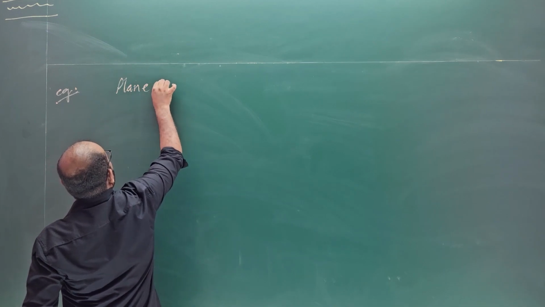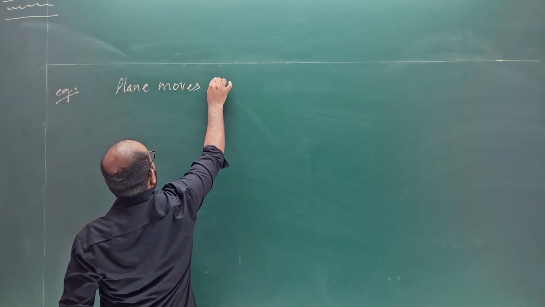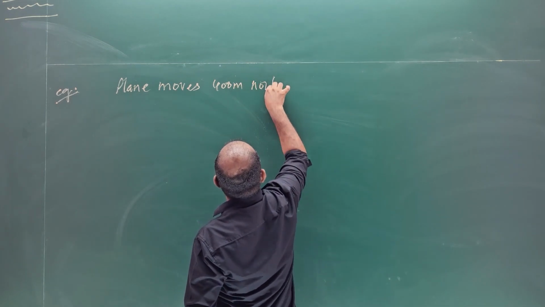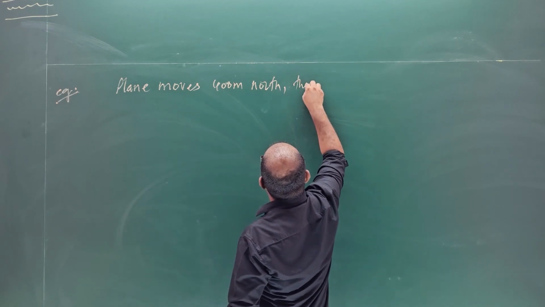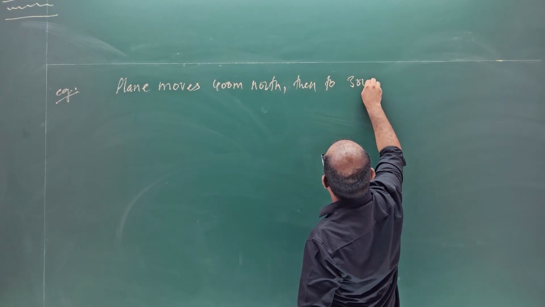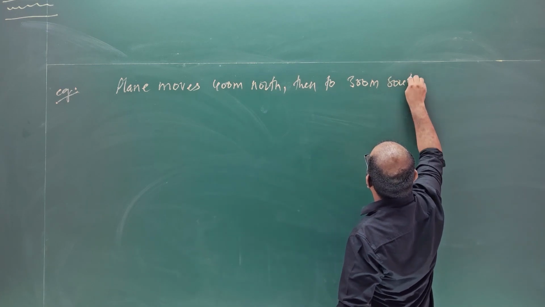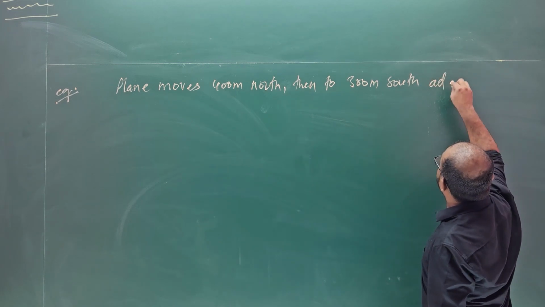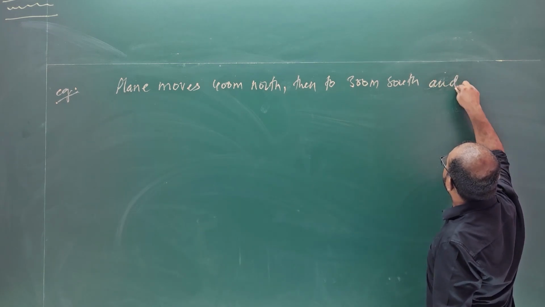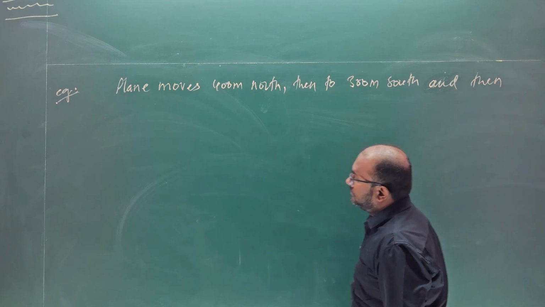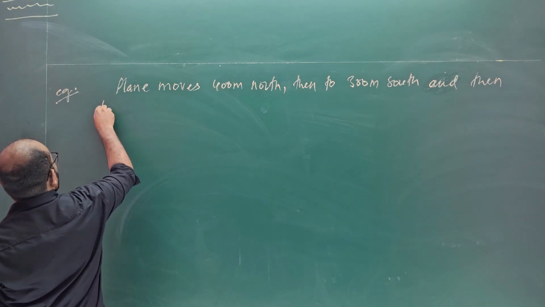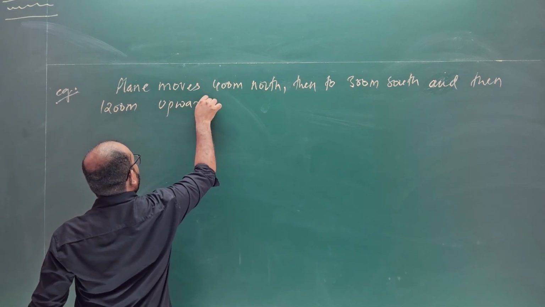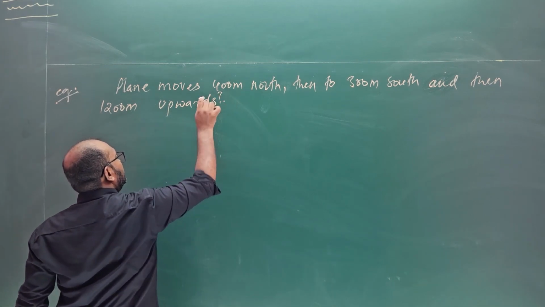A plane moves 400 meters north, then 300 meters south, and then 1200 meters upwards.